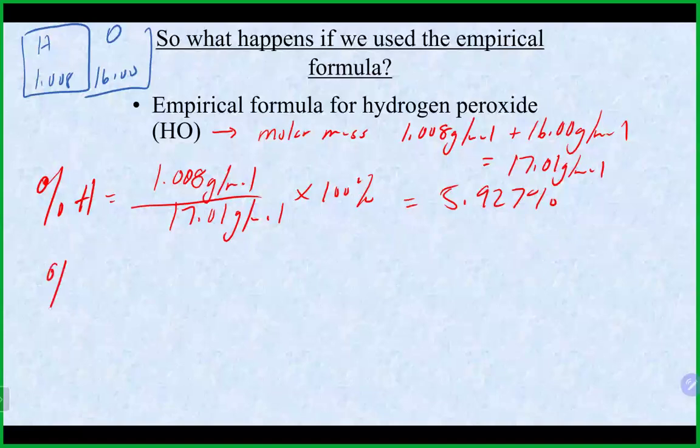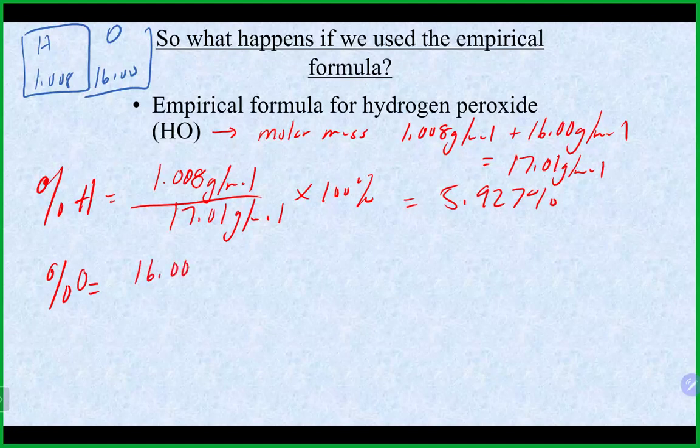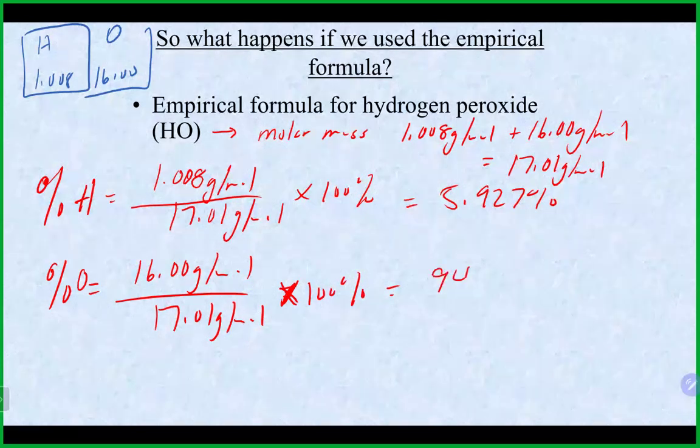And if we do the same thing for our oxygen, in this case, there is one oxygen, 16 divided by 17.01 grams per mole times 100%. And that will get us about 94.06% oxygen in this case. First off, any questions on the calculation here?